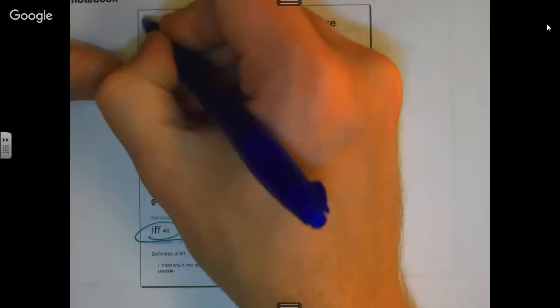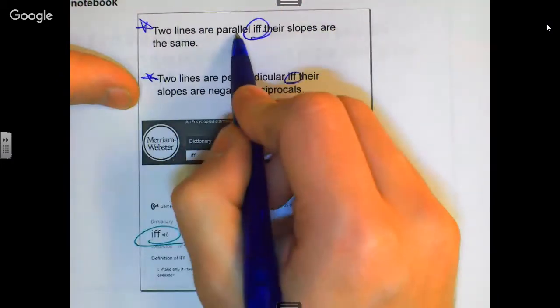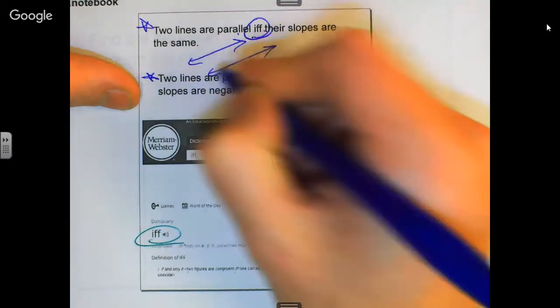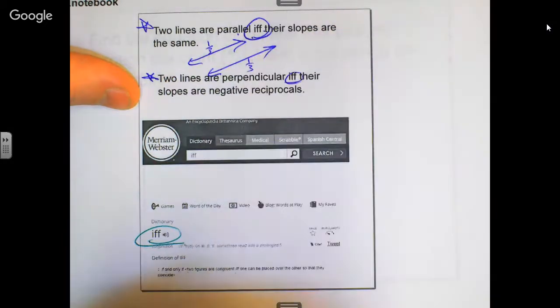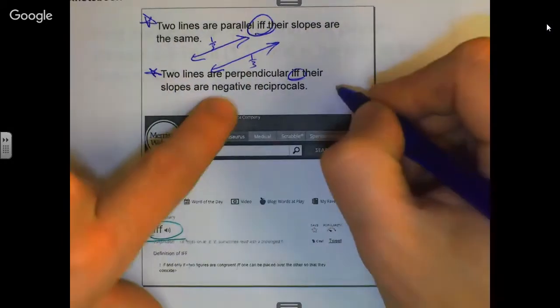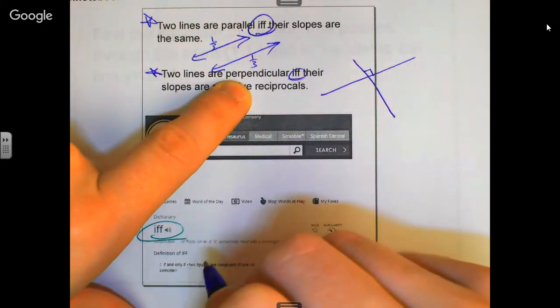So these are two really important definitions here. So if two lines are parallel, their slopes are the same. So if I have this line, and this has a 1/3 slope, this one has to have a 1/3 slope as well to make them parallel. Perpendicular lines intersect to form a 90-degree angle.